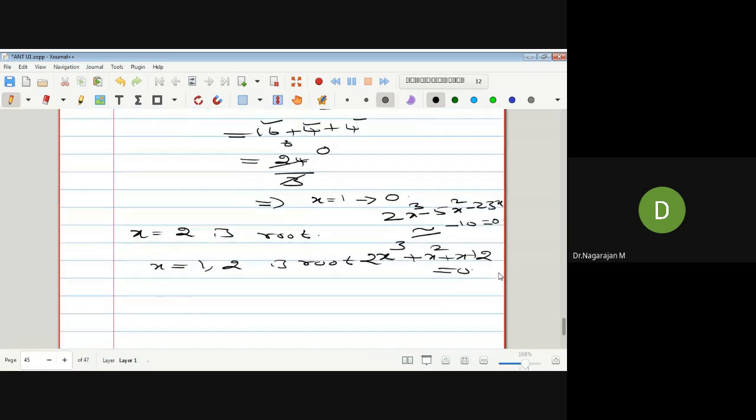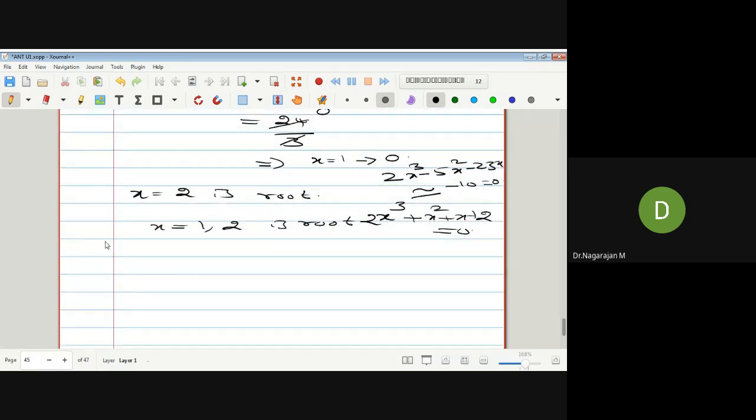Now apply the fundamental theorem of algebra. What is the power? Power is 3. But how many roots are there? X equal to 1, x equal to 2. Therefore, 2 roots. What does the fundamental theorem of algebra say? The number of roots should be greater than or equal to 1.